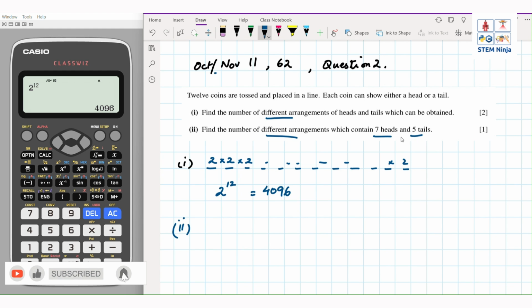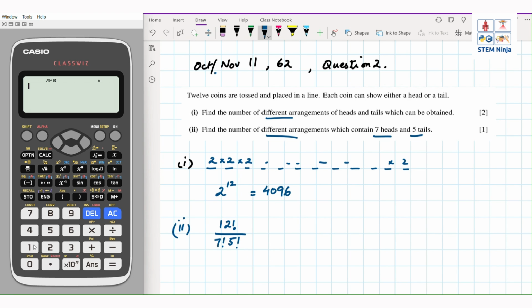So we still have 12 things to arrange, but out of these are 7 heads and 5 tails. So 12 factorial divided by 7 factorial divided by 5 factorial. So 792. Simple. This was a very short question.